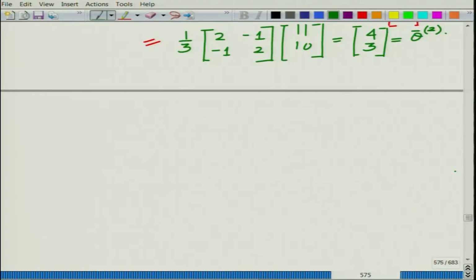Now find the residue to complete this iteration. What is the residue? If you look at the residue, you will find something interesting.